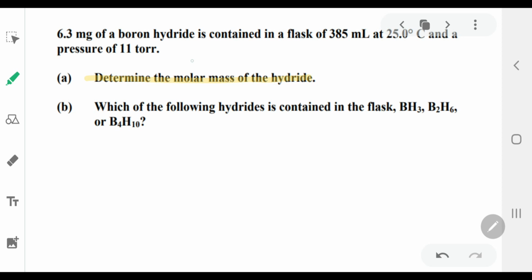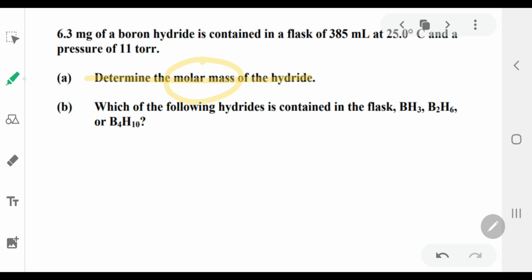So it's quite different now. Just now we needed to find out the number of particles. For this question, you need to find out the molar mass of your hydride.